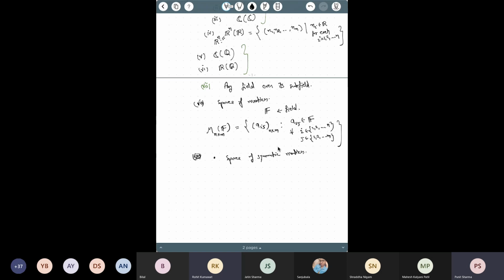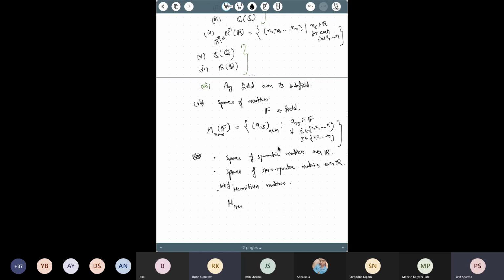So okay, let me write these. So you are saying space of, this is over R. This is skew symmetric matrices. This is also over R. Then you are saying Hermitian matrices. When you say Hermitian, what do you mean by that? A star is equal to the conjugate of A transpose.